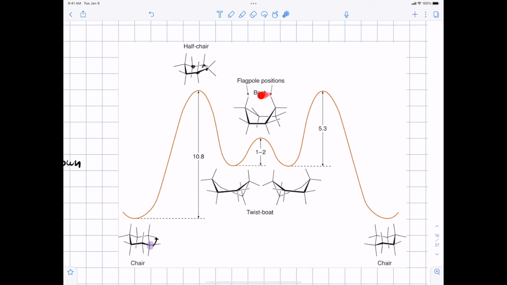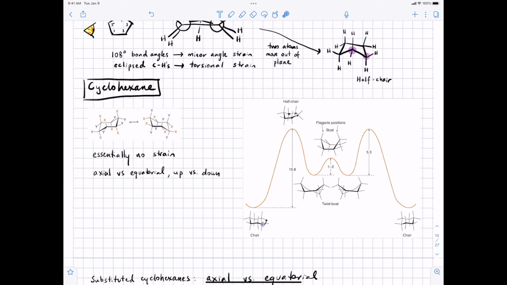The boat is a higher energy conformation where all of these bonds are eclipsed with each other, and these two substituents are pointing directly into each other. That's 1 or 2 kilocalories per mole higher than the twist boat, and you can go over one boat to the twist boat and then back over this barrier to get to the chair. Right. Anything else we want to say about that?